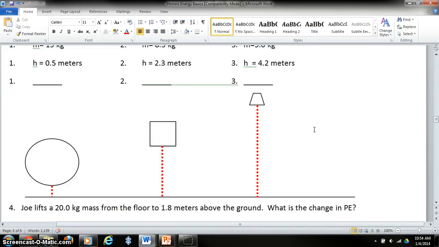Also, I'm working on the assumption you may not have a ruler at home, in which case I have put in these measurements here. We're going to pretend that it's scaled. So that's half a meter, it's 2.3 meters, and that's 4.2 meters. And I'm measuring, assuming that this is the 0 line right here.